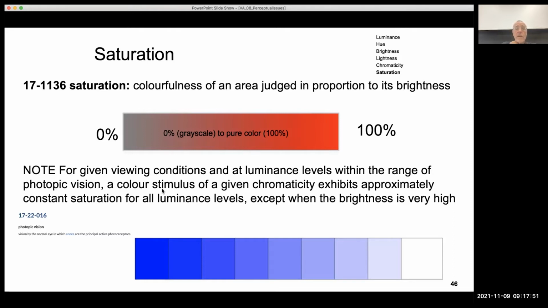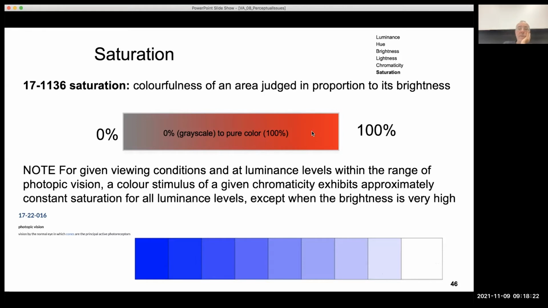If you have a color stimulus of a given chromaticity, so we have a color, say red, yellow, green, whatever, it exhibits a constant saturation for all luminance levels, except when the brightness is very high. Here you're losing this perception. So even if the saturation is constant, you perceive it as decreasing with the brightness.